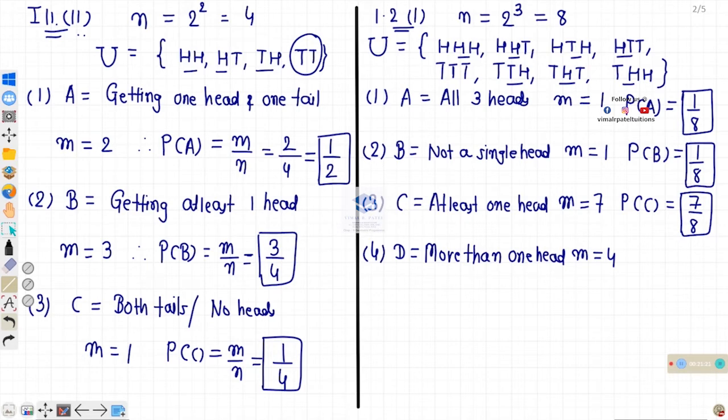HTH, HHT, THH are for two heads, and for three heads it is HHH. So total number of outcomes for favorable event of D is 4. So your P of D is 4 by 8, 1 by 2. Then getting at the most one head.